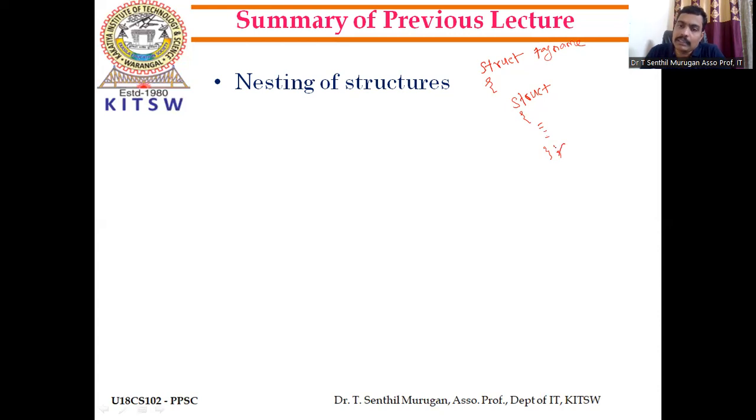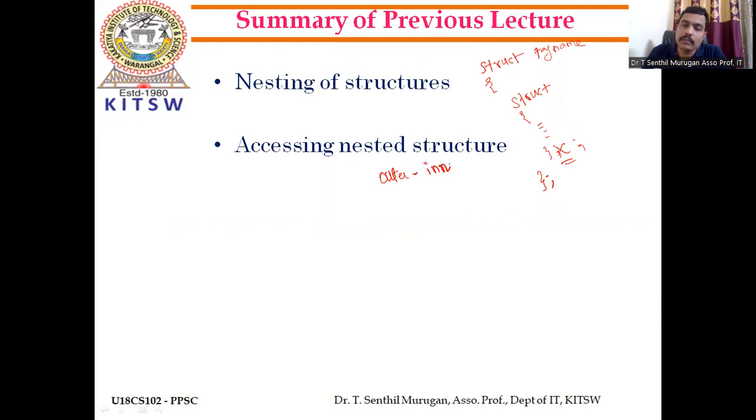Here, for example X, this is the outer structure. Through this outer structure variable, we can access its members, which we discussed in the previous lecture. Now, how can we access the next structure? Accessing the inner structure is: outer structure variable dot inner structure variable dot the member of the inner structure.